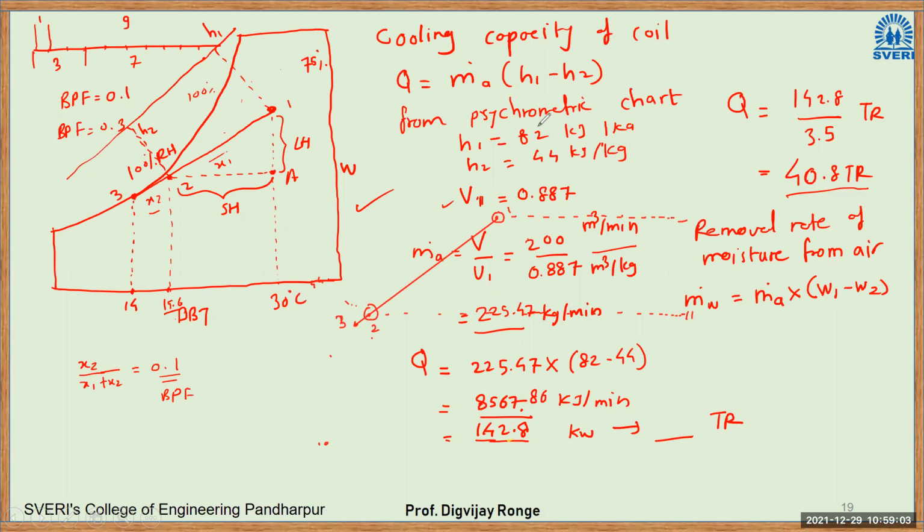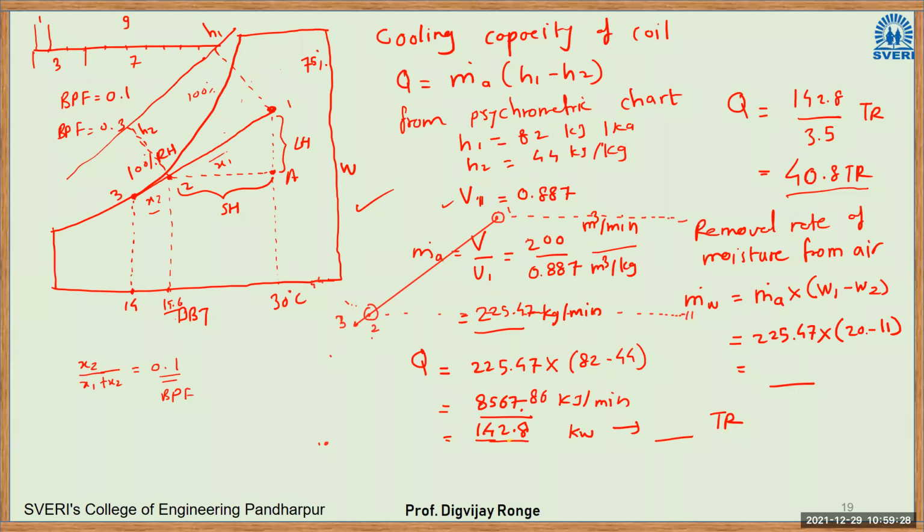Okay. Now let us close this. So here the mass flow rate we have already calculated as 225.47 into, here it was, how much was it? Actually I forgot, 11 and 20, right? So 20 minus 11. So here the unit is kilogram per minute.